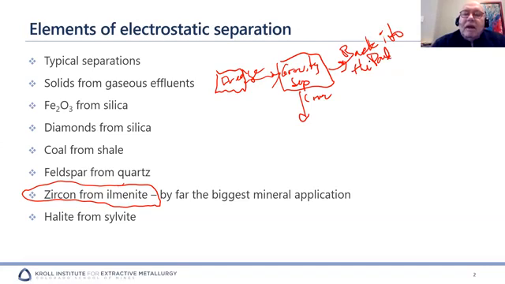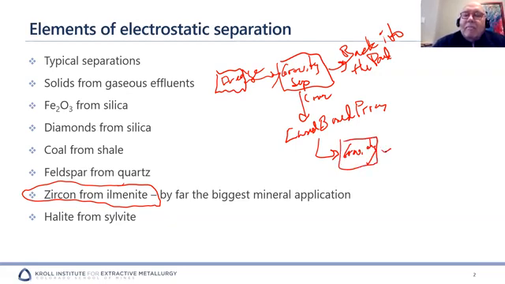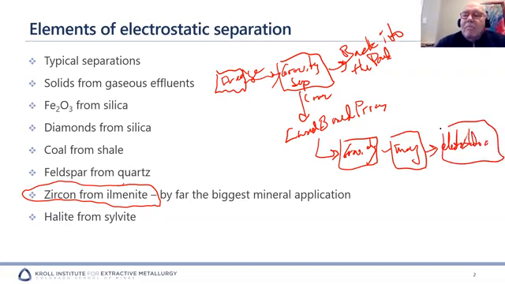The concentrate goes to some land-based process. And in this land-based process, we have more gravity separation, we have magnetic separation, we have electrostatic separation, and we might in fact have more gravity separation.